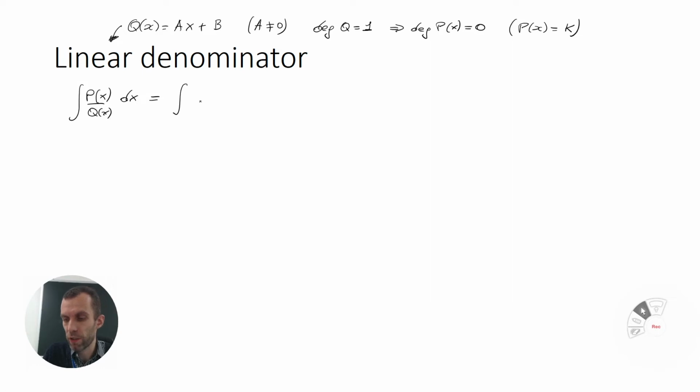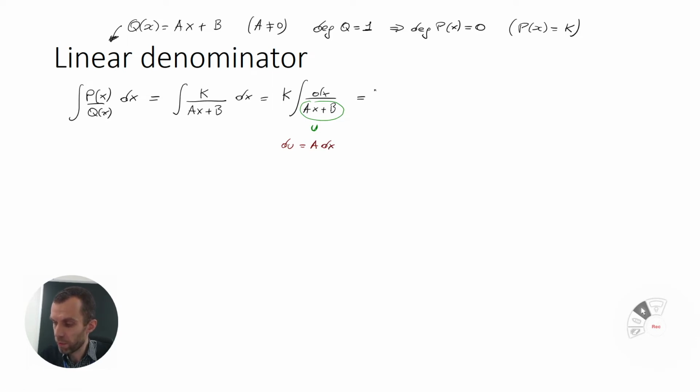And so now our integral becomes k divided by ax plus b dx. And so we can write this as k times the integral of 1 over ax plus b. We can do a substitution. We can call this u, and then du becomes a times dx.